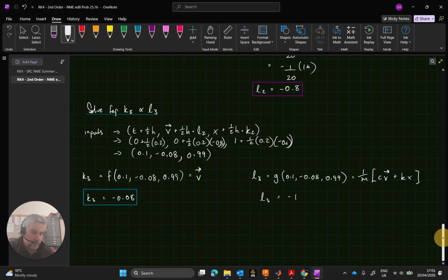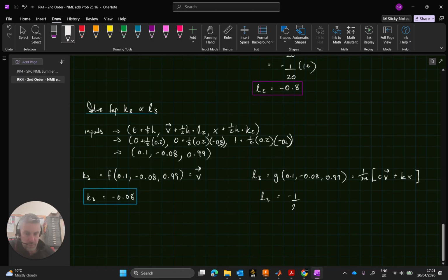Let's multiply into that my c value, which is 40, multiplied by our v input, which is minus 0.08.